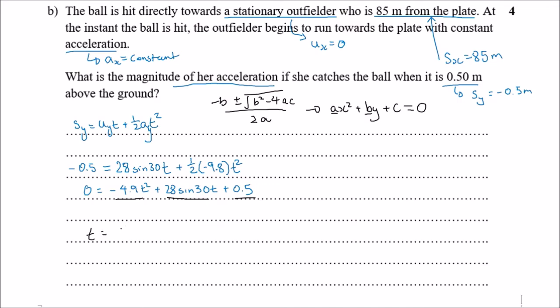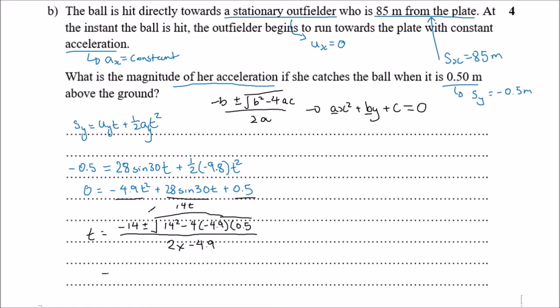So we have, and just for reference, this does become 14 overall. So we have minus 14 plus minus the square root of 14 squared minus 4 times minus 4.9 times 0.5, over 2 times minus 4.9.